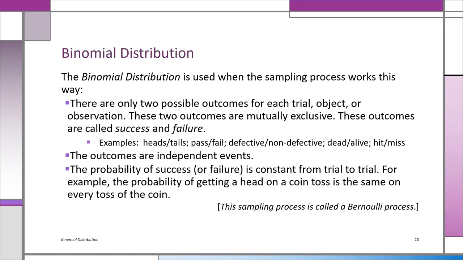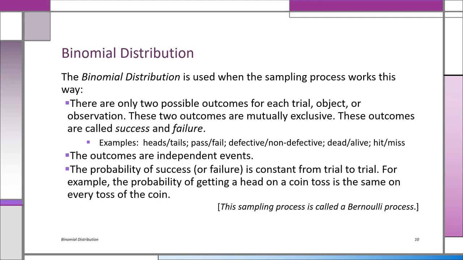Even if you got 4 heads in a row already, head, head, head, head, guess what the probability of a head is on the 5th toss? It's still 50%. Even if you got 10 heads in a row, most of us will say, well, now the probability changed. No, if it's a fair coin, even on the 11th toss, guess what? The probability is still 50%.